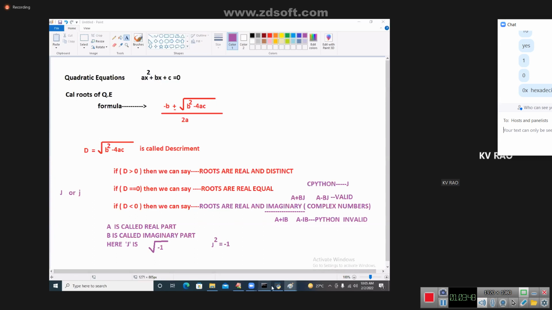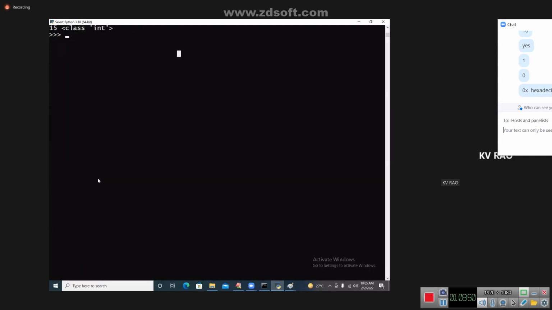Now go to the Python environment once. Here I am writing. Look, my dear students. a is equal to 2 plus 3j. Observe it. Print of a comma type of a. 2 plus 3j, it is what type?